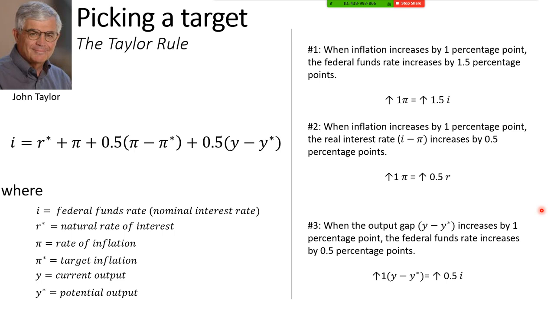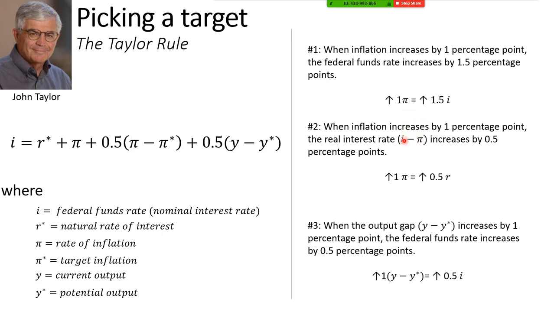So this i here becomes 1.5 percentage points. And we said when the rate of inflation increases by 1 percentage point, so we have 1.5 minus 1, and this is the formula for the real interest rate. Remember, it's nominal interest minus inflation. Okay, so we get 1.5 minus 1, and that gives us 0.5.